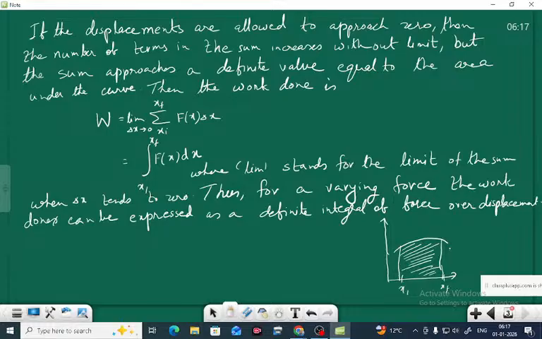So the shaded rectangle, here you see the shaded rectangle, this is figure 5.3.